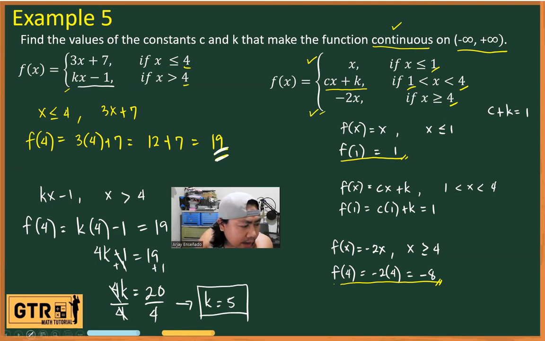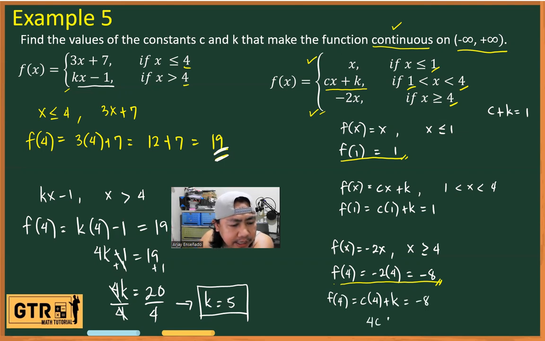Okay, so we have, magkakaroon tayo ng system of equation. So let's evaluate f of 4 nitong gitna. So f of 4 is equal to c times 4 plus k, and that should be equal to negative 8. So let's simplify.